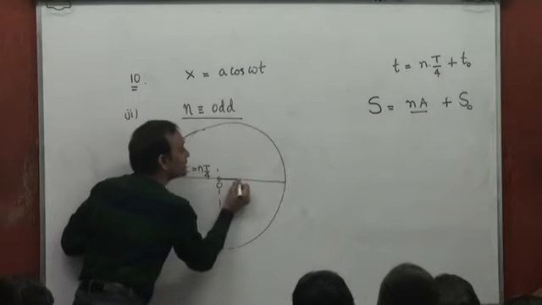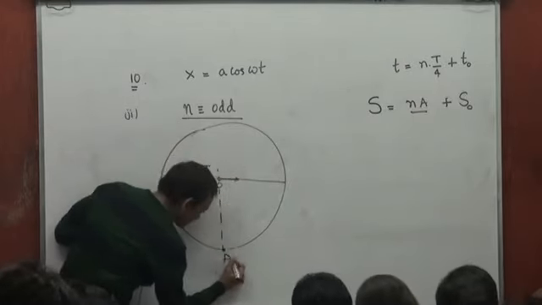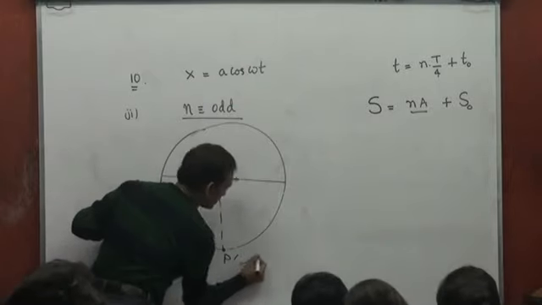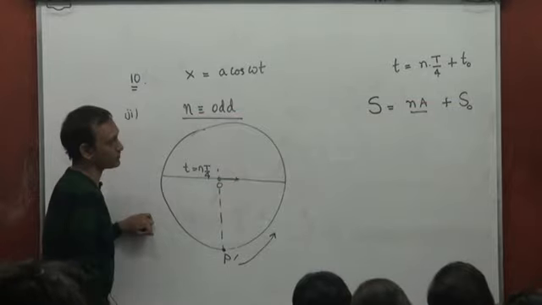And say it's heading rightwards. The corresponding point on the auxiliary circle would be P prime and would be moving along this quarter of the circle.